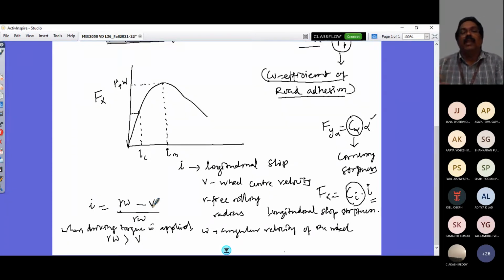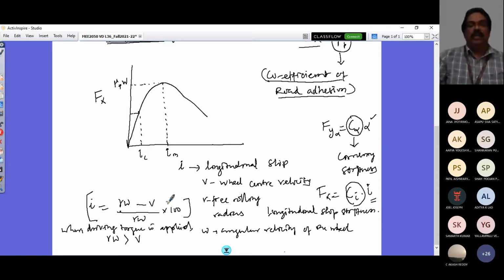Because when there is a driving torque applied, there would be a compression of your tire tread as it enters the contact patch. So the circumference would be smaller than that of the free rolling tire. That's why this slip phenomenon occurs. We'll see that in detail again later. So this ratio, multiplied by 100, is your longitudinal slip, right?